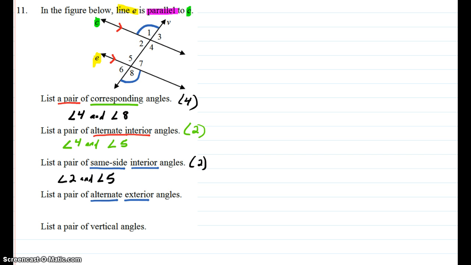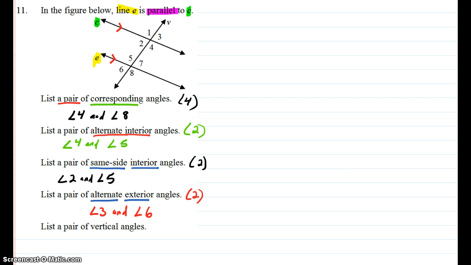Another pair that would work would be angle 3 with angle 6. And let's look at the last example. Oh, before there was 2 answers here.